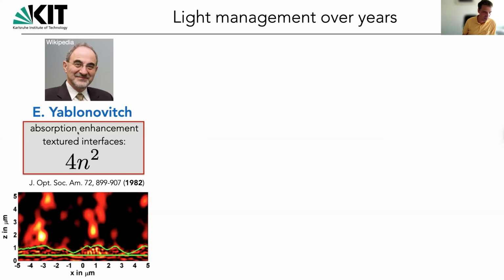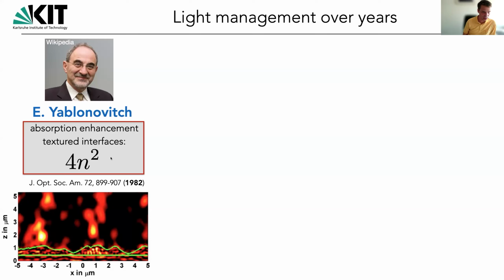While I don't think this is the ultimate answer, to me much of the research goes back to the pioneering work from Ilya Yablonovitch, who showed back in 1982 that if you have a textured interface of light absorbing material, you can enhance the absorption by a factor of 4n², which requires perfect back reflection at the backside of the light absorbing material.